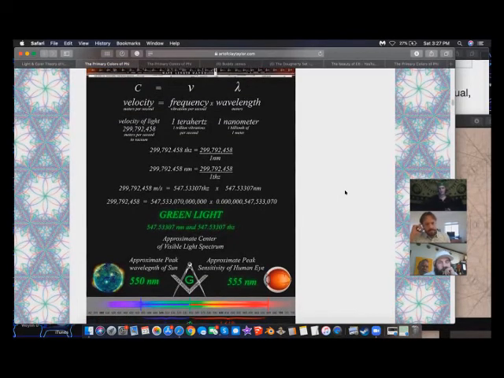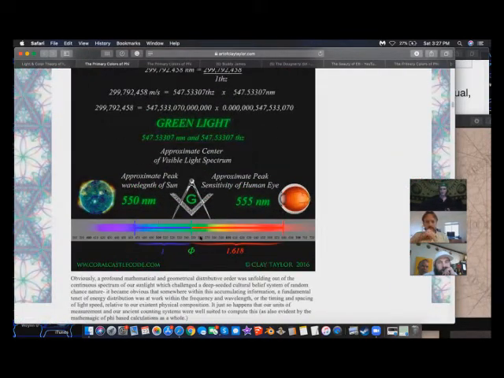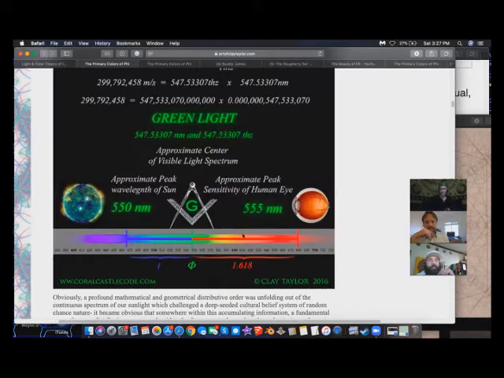So, yeah, this is the center of our visible spectrum. If you were to take the whole range that humans can see, right smack dab in the middle is green.